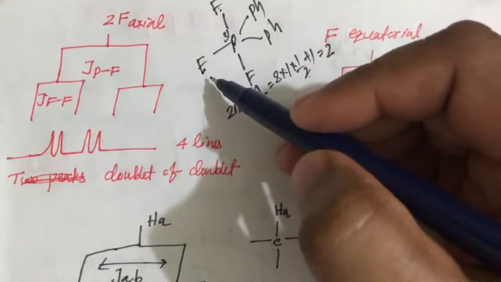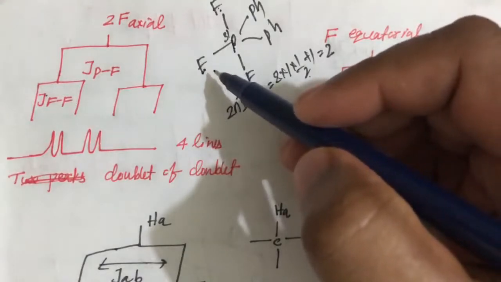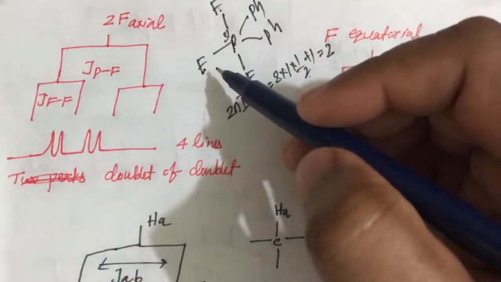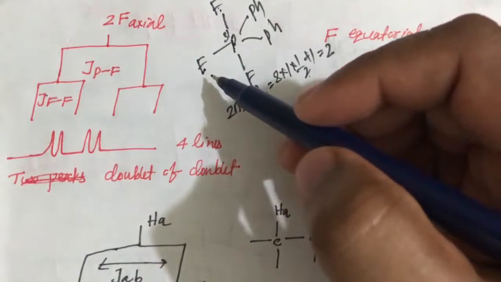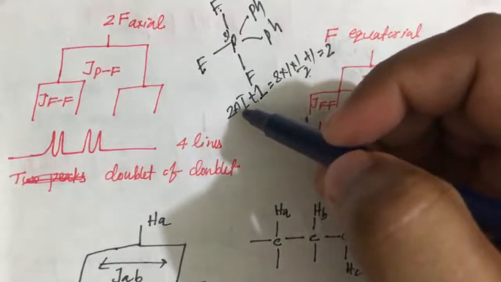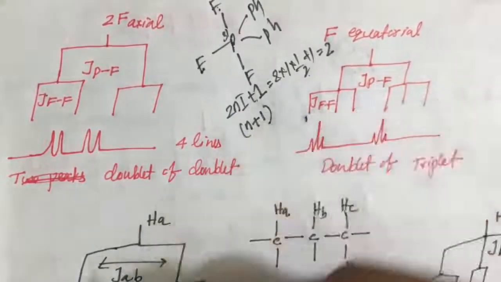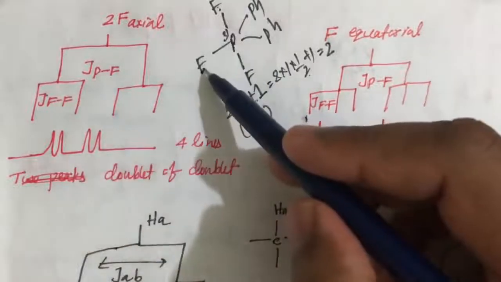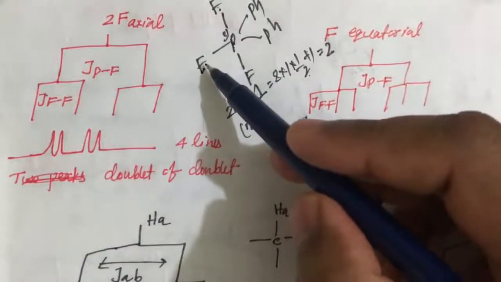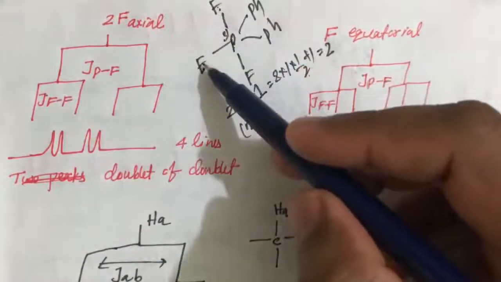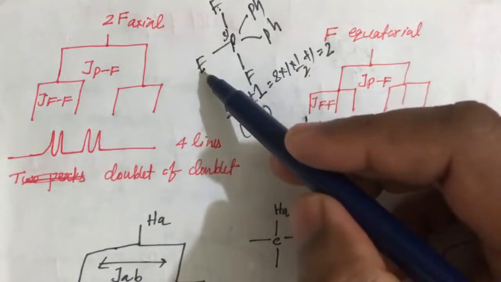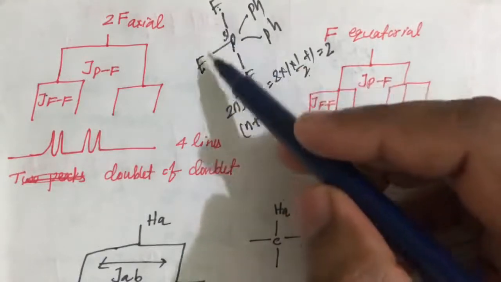That fluorine has I value half, so in 2nI plus 1, if an atom has I equal to half, then we can simplify this equation 2nI plus 1 into n plus 1. Okay, n plus 1. So here we have only 1, so n plus 1 is 2. So by means of this equatorial fluorine, it will split into 2.